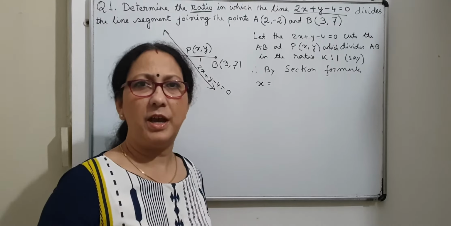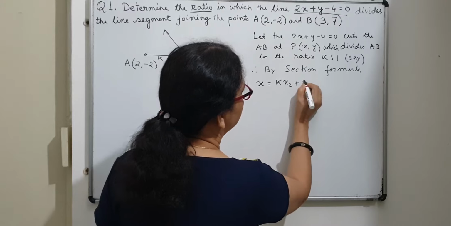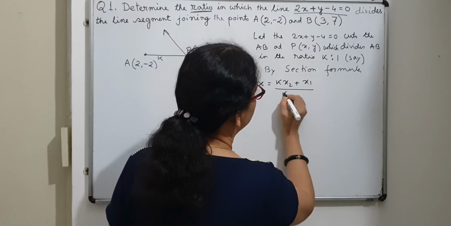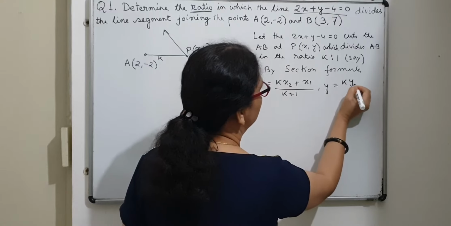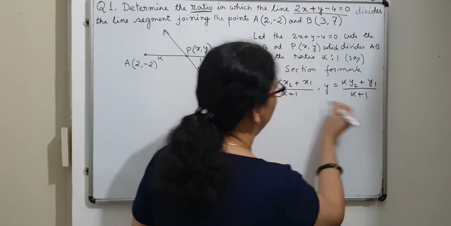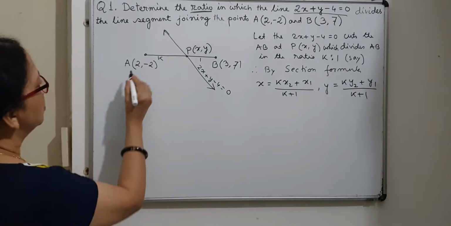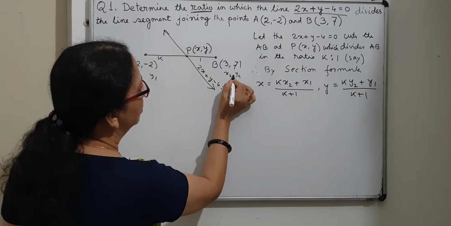Whatever formula you are using, you have to write it. So what is this? x = (kx2 + x1)/(k + 1), and y = (ky2 + y1)/(k + 1). This is the formula we will be using. So this is your x1, y1, and this is your x2, y2.